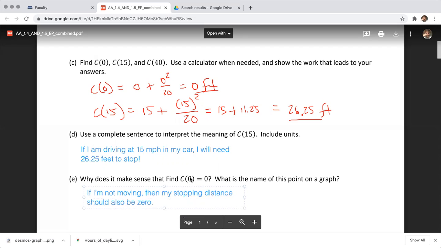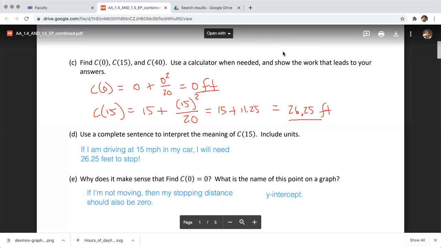So I'm inputting a speed of 0 miles per hour, and then I am also going to have a stopping distance of 0. It doesn't take me any distance to stop if I'm not moving, right? And the name of this point on the graph is the y-intercept, right? When you plug in 0, you get out the y-intercept. So that's the name of the point on the graph. Okay, parentheses are super helpful here when you're plugging values into your function.